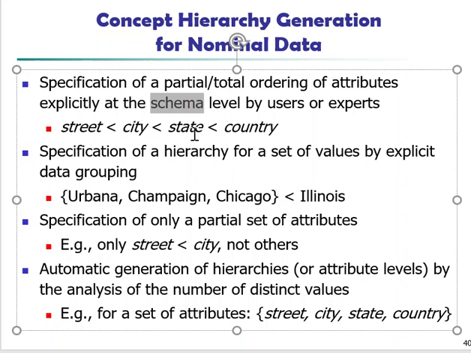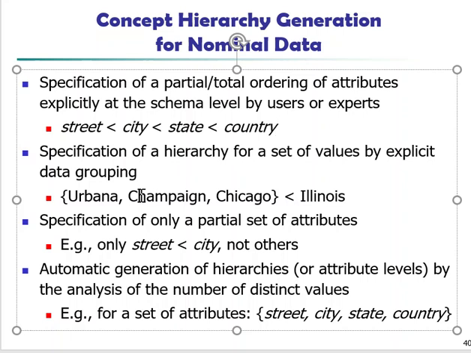City has many streets, state has many cities, countries have many states. This forms a total order, with the assumption that no state is governed by more than one country. So that would be a total order of those attributes. Domain knowledge and common sense can be used here to generate such hierarchies.